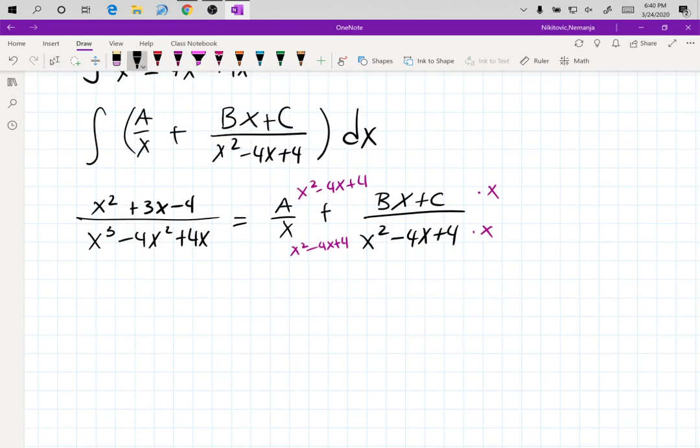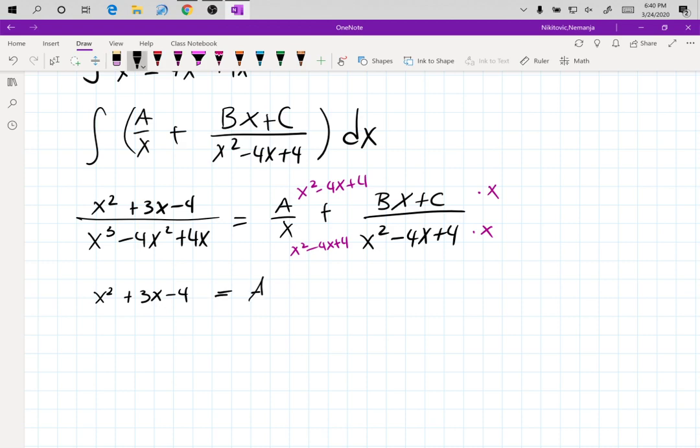Well, actually, we don't need these denominators. The denominator will be the same on both sides, and we'll just cancel them. So just get rid of it.